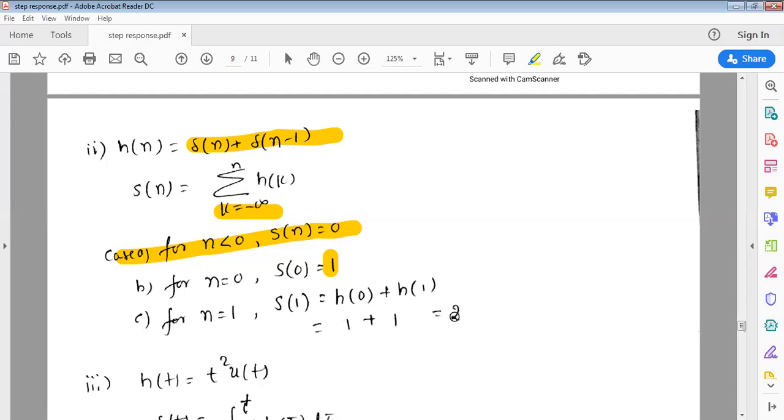So 1 plus 1 will become equal to 2. Okay, if you are confused about what to write, you can write the summation from k equal to 0 to 1 only. So when you write k equal to 0 to 1, what happens? Delta of 0 plus delta of n minus 1. So put 0, put 1 and put 2. You check whether the values exist. If the values exist, you write the summation. If the values do not exist, then you write it is 0. Okay, are you able to follow?